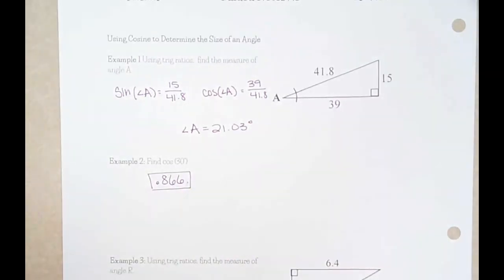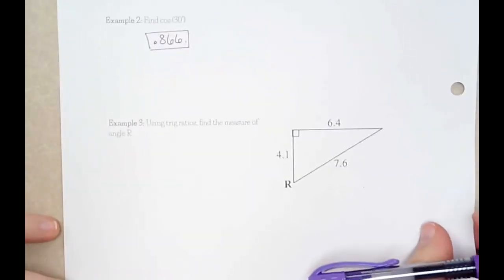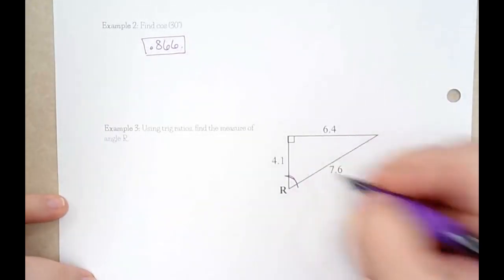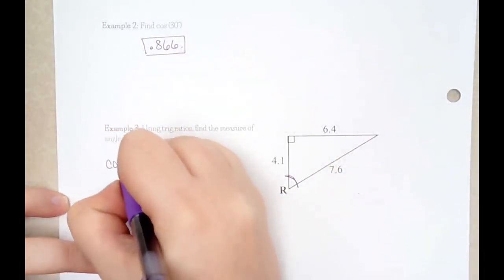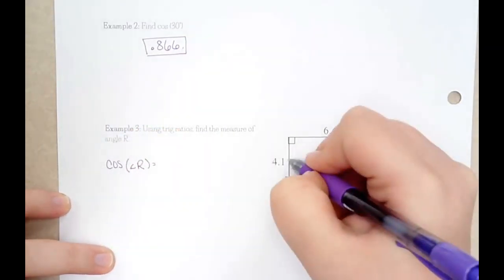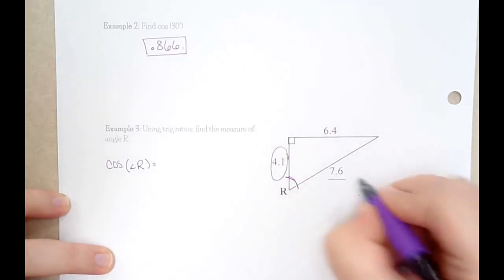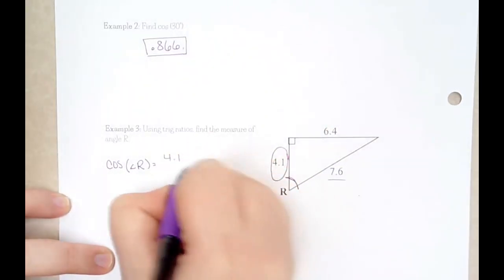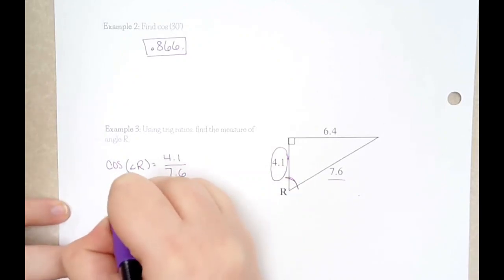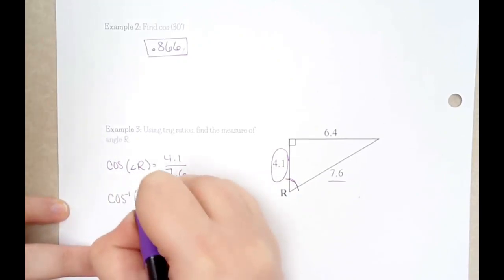Alright, last one. Let's set this up with cosine again. If I want to find cosine of angle R, I need to do adjacent side over hypotenuse. 4.1 over 7.6. I can find this by doing the cosine inverse of 4.1 over 7.6.